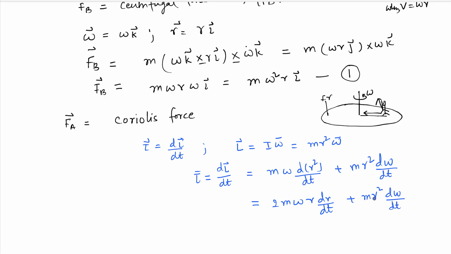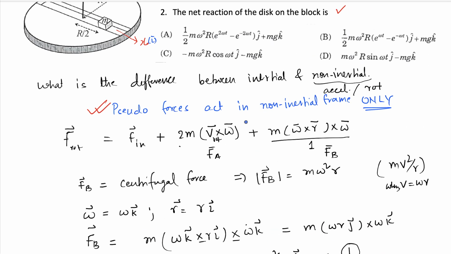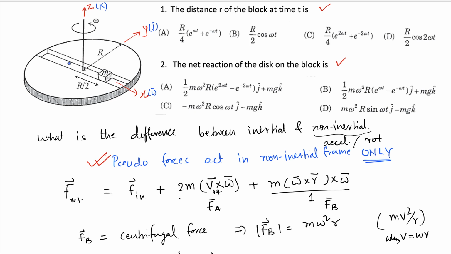Okay. Now, suppose I put a constraint like this one, that this person is always moving in this line, not going anywhere else, right? Because this person is also rotating with the disk. So therefore, there is no angular acceleration for this person, as long as he's walking in the radial line. Like in this question, it is mentioned that this block is forced to move in this slot. So which means that there is no motion for this block in this direction or any other direction.